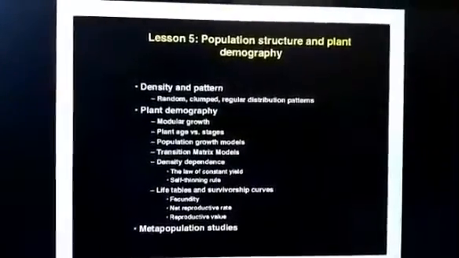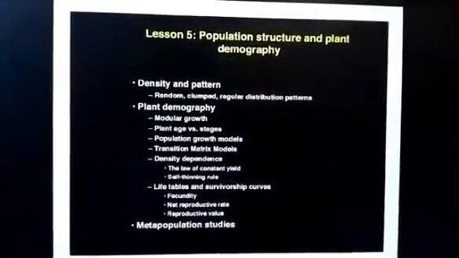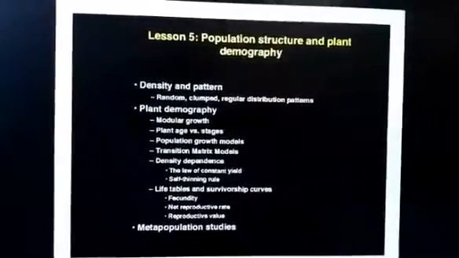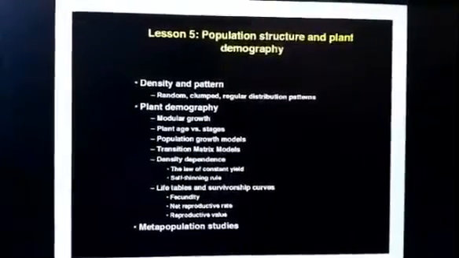Then we're going to look a little bit at the life tables and survivorship curves. Then the meta populations, we are going to look at them at a later stage.